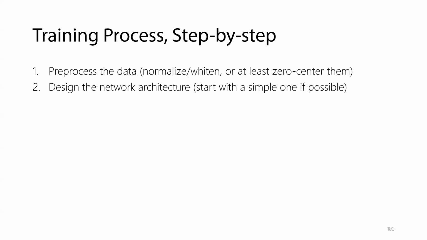The next step is to design the architecture. And don't be a hero. I've seen a lot of students who say, oh, I learned about ResNet, I learned about this, and I'm going to just use everything here for my problem. Never do that. My recommendation is always to start with a linear model, or a multi-layer perceptron that has one hidden layer, just a few neurons.